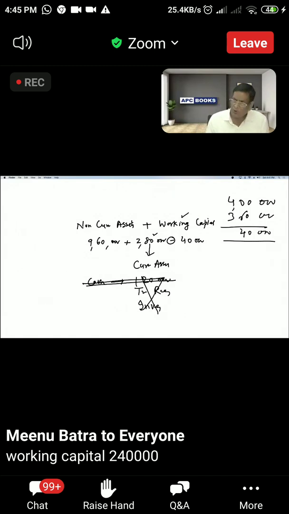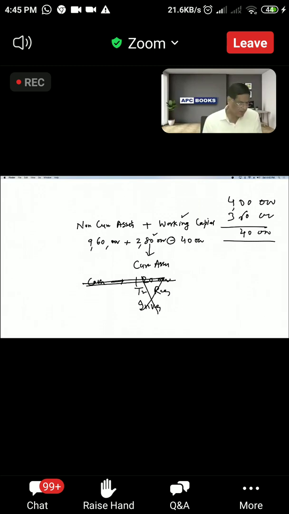I have already discussed that. So this was illustration number 4. And in illustrations 1 to 4, we have completed one ratio, that is the debt to capital employed ratio.